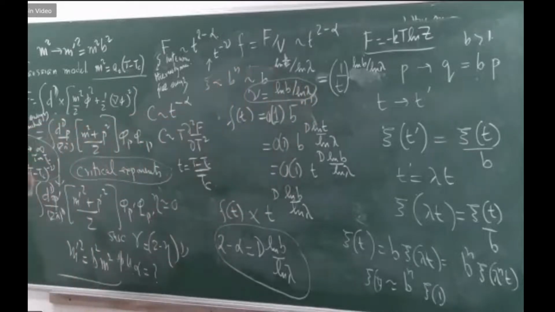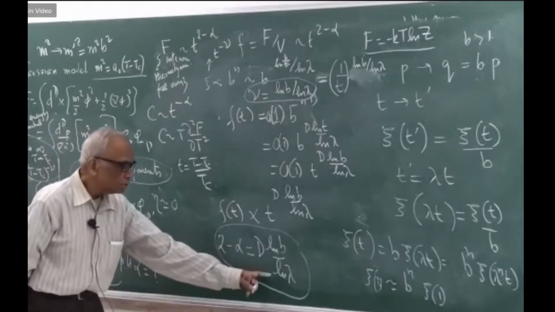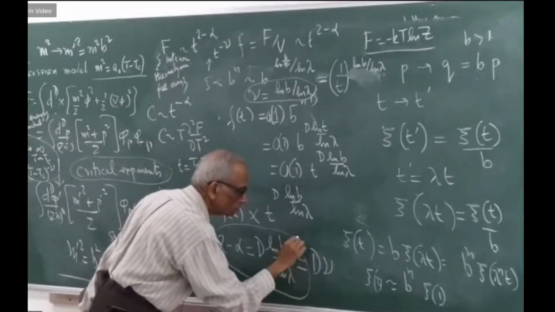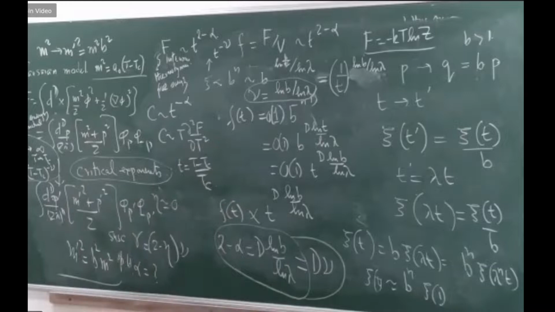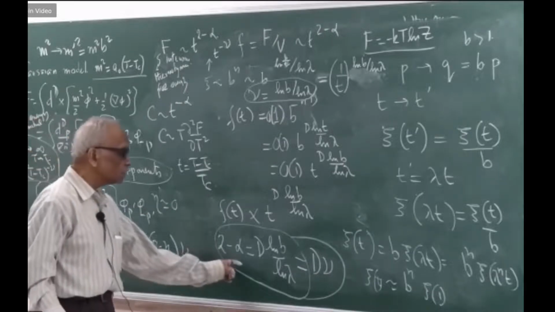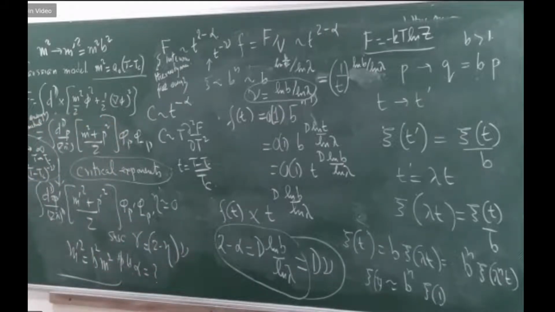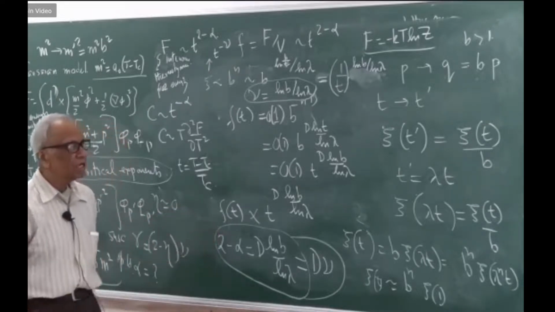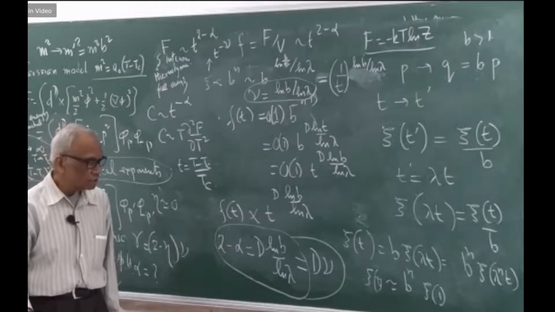So here we are. Nu is equal to log b by log lambda, and there you find that this is this, and therefore this is equal to b. So here is the vital piece of result, that 2 minus alpha, and this has nothing to do with the Gaussian model. What we have gone through is just a question of changing scales and looking at what happens as I change the scale.